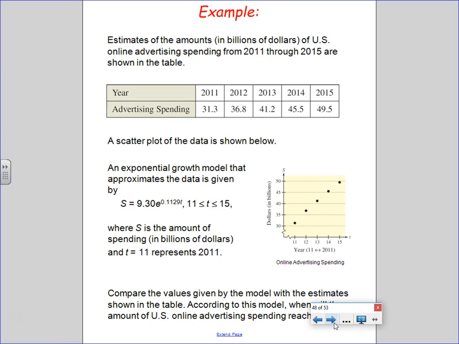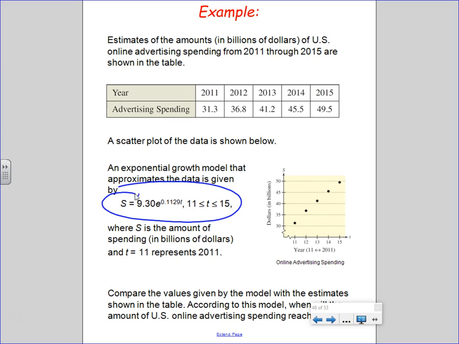I guess I could have you write the table, but that's kind of messy. I could have you write the graph, but probably won't. What do you think is important to write? S equals 9.3 e to the 0.1129 t between 11 and 15.